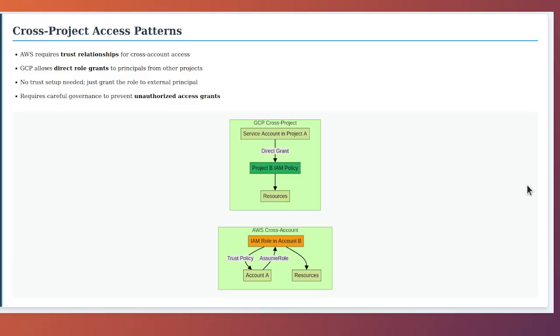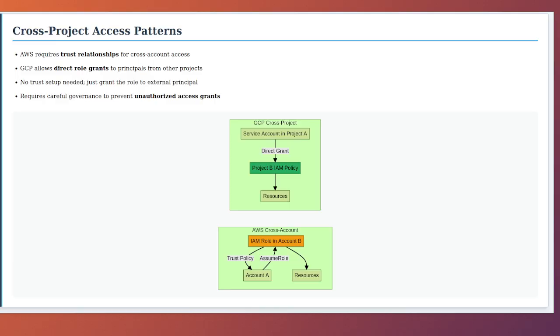For organization-wide access patterns in Google Cloud Platform, you can grant roles at the organization or folder level to give principals access to multiple projects at once. This is useful for platform teams that need to manage resources across the organization. In AWS, you would need to set up roles in each account and use tools like AWS Organizations to manage cross-account access at scale.